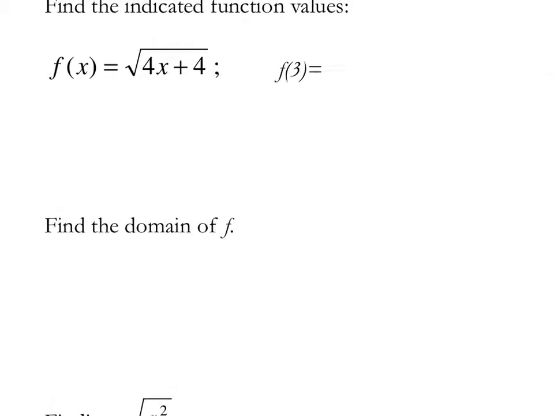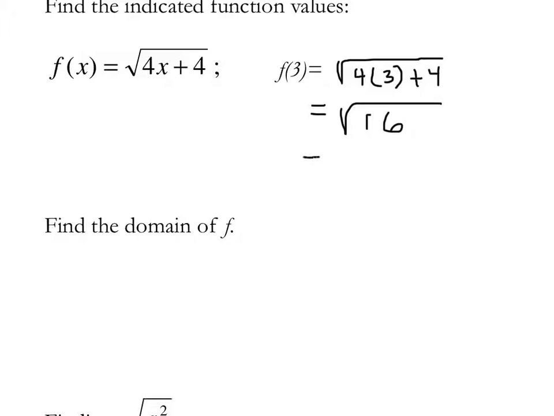Let's find the indicated function values here. We want to know what is f of 3. It's like fill in the blank. We want to take the square root of 4 times 3 plus 4. We have to perform the multiplication and addition before we take the square root. 4 times 3 is 12, plus 4, 16. What is the principal square root of 16? 4.